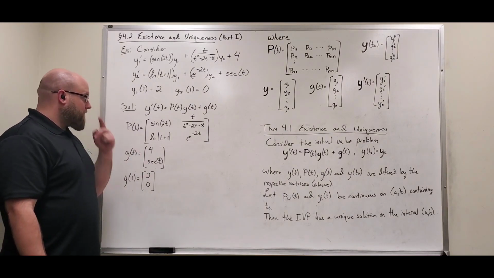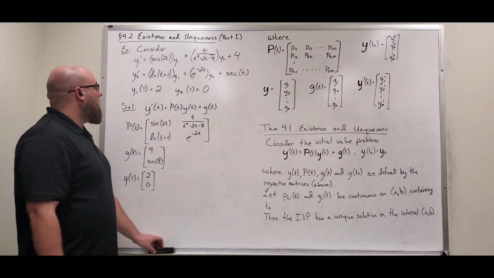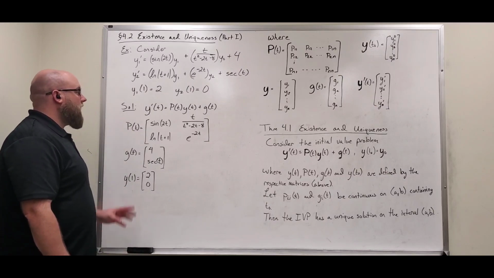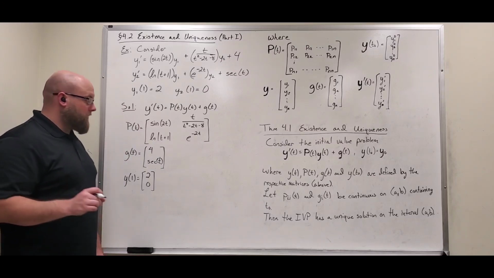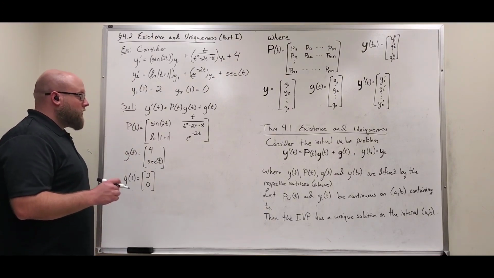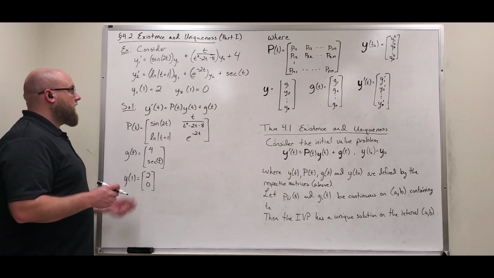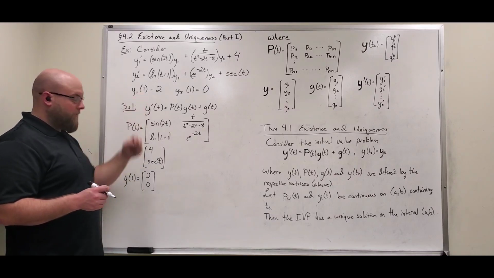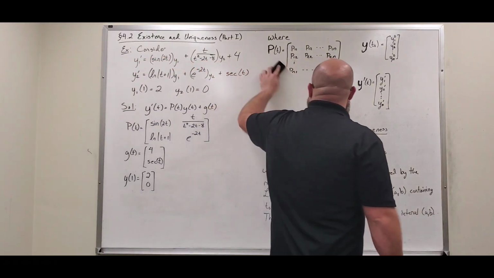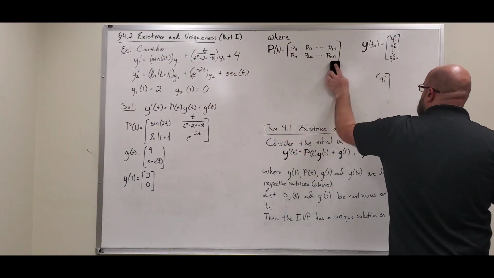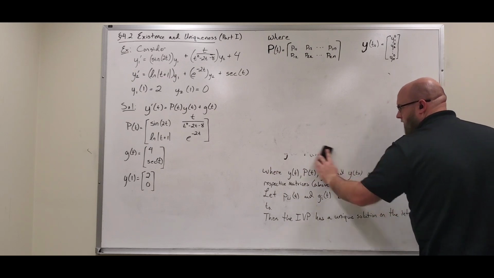All right, so my question to you is, I want to find the largest interval which guarantees the existence of a unique solution containing the t value of 1. Keep that in mind. We need t is equal to 1. I'm going to go ahead and erase this theorem.